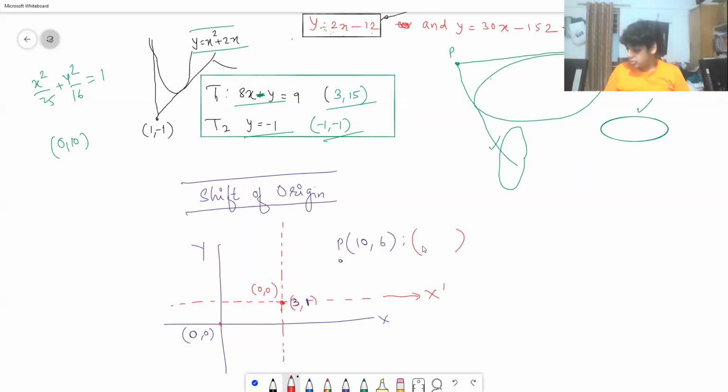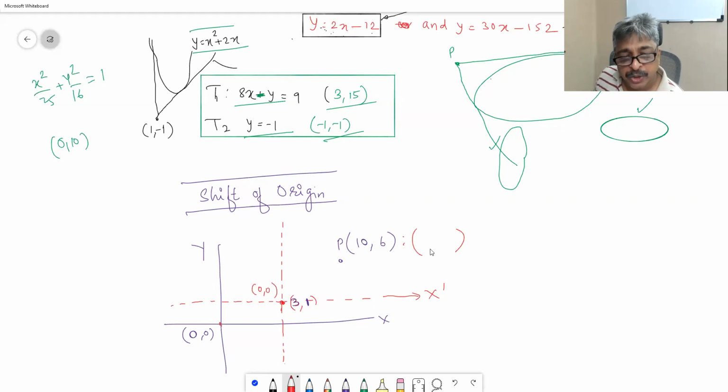The new coordinates of this point should be, now 3 distance this side it has already come, so the remaining distance is 7. 1 distance already gone up, remaining distance 5. Okay, next question.